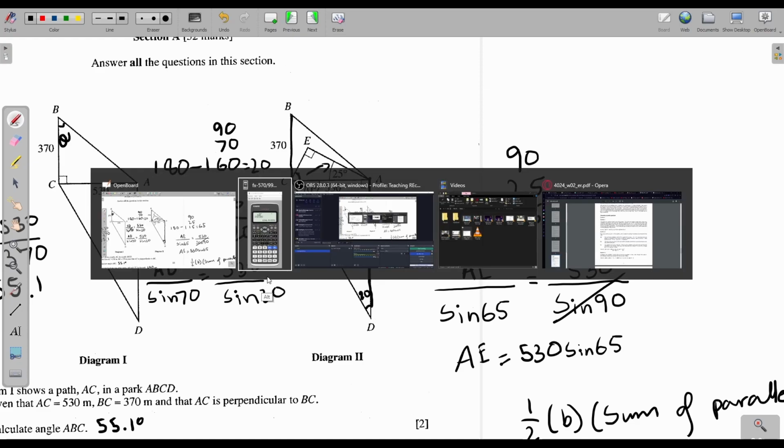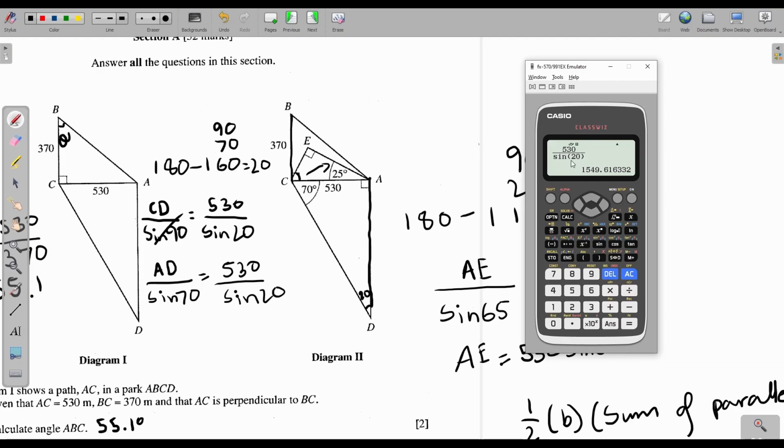And luckily, my calculator already has 530 over sine 20, so I can just multiply that by sine of 70, and that gives us 1456.16, but I'll just take 1456.2 just to be sure. So 1456.2.